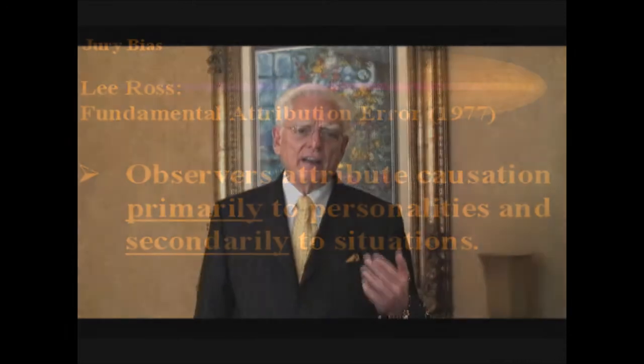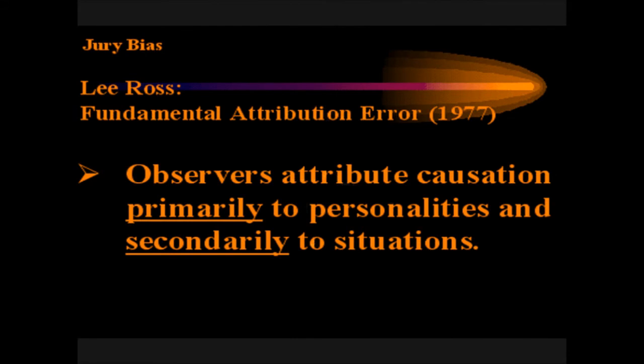In 1977, Lee came up with what is known as the fundamental attribution error. What he learned is that observers attribute causation primarily to personalities and secondarily to situations.